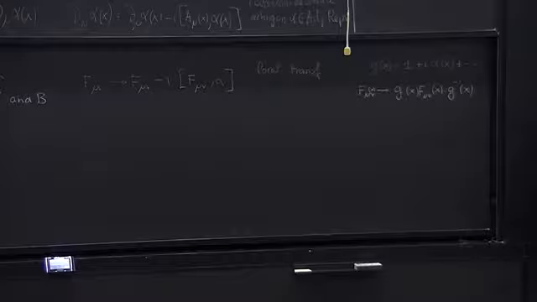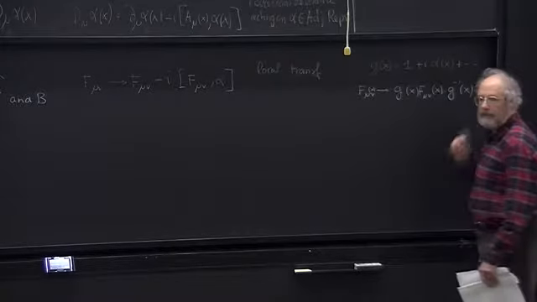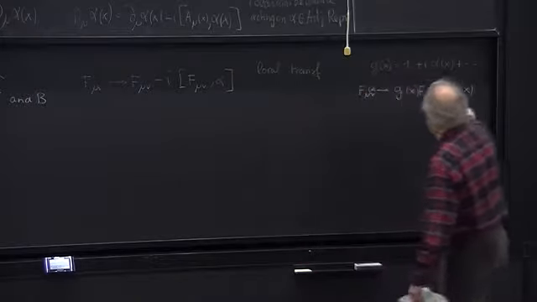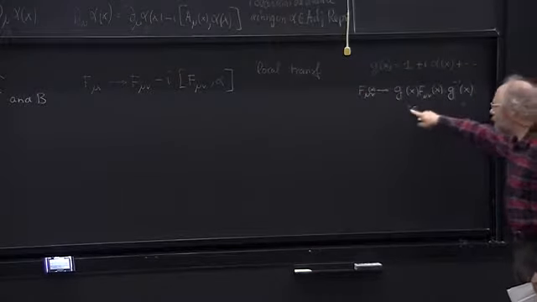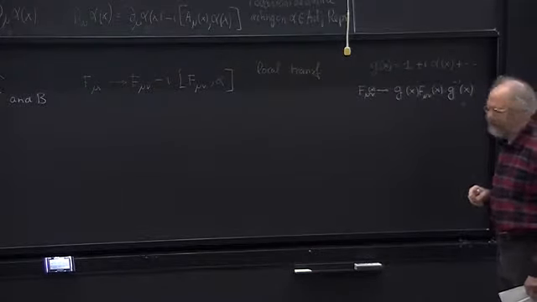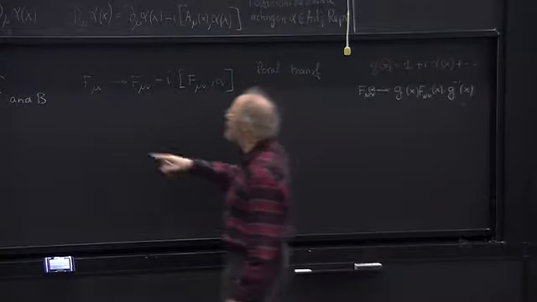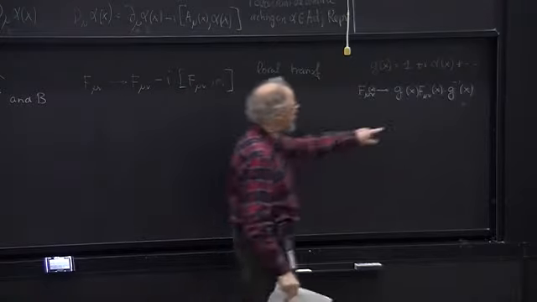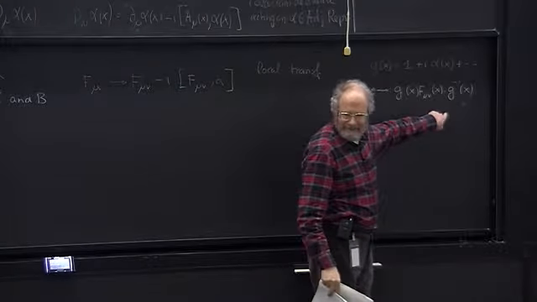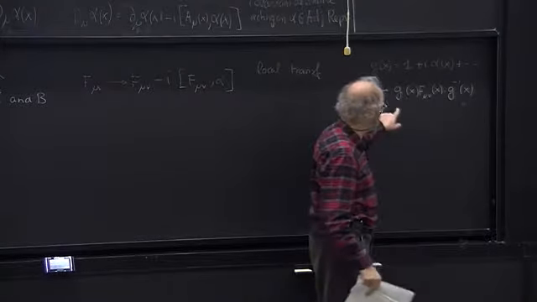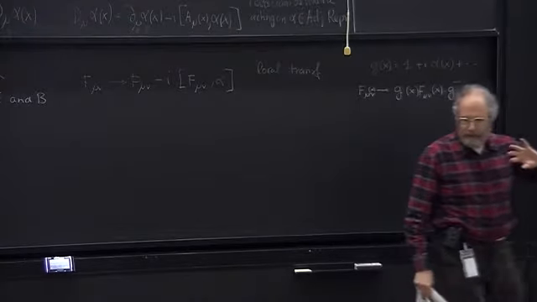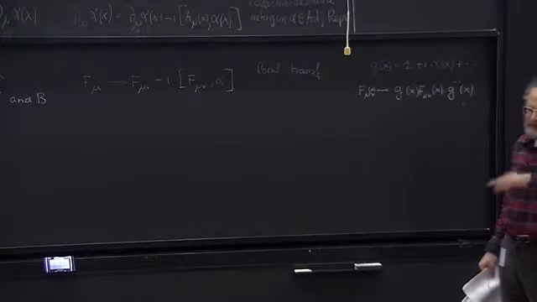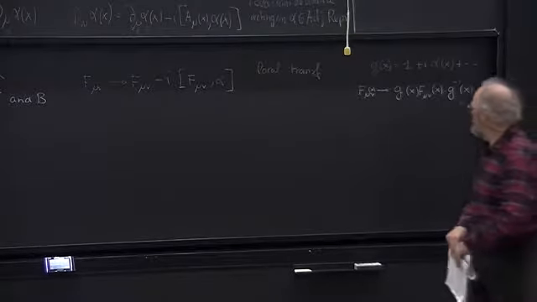So you see, it doesn't depend on the value of F mu nu at other points, or the value of the gauge transformation at other points. It's really a local gauge transformation. But A doesn't transform like that, because there is a d mu alpha, which means that there is a d mu G. So the way the gauge potential transforms depends on the derivative of the gauge transformation itself. So it's not local.